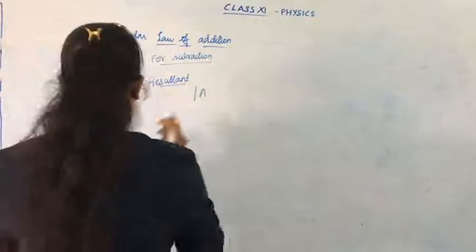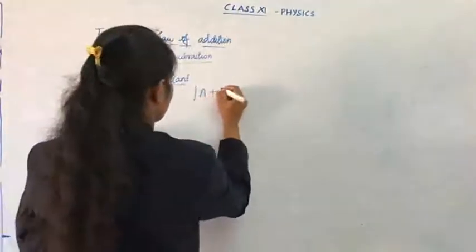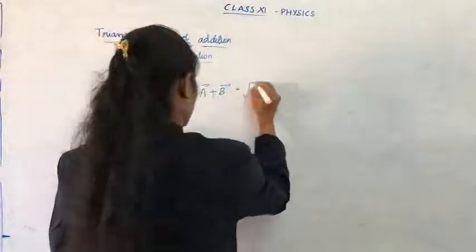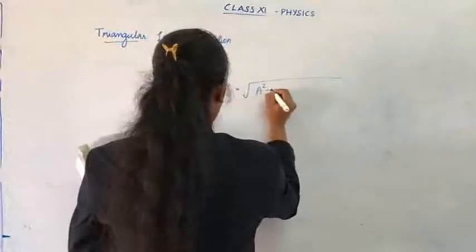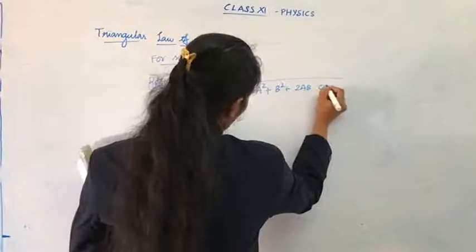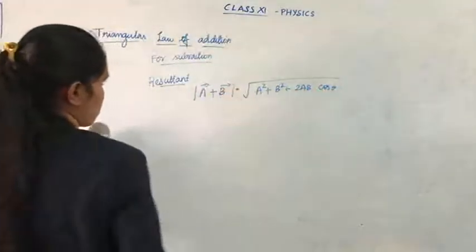Modulus of A vector plus B vector equals square root of A square plus B square plus 2AB cos theta. Okay, this is the formula for magnitude.